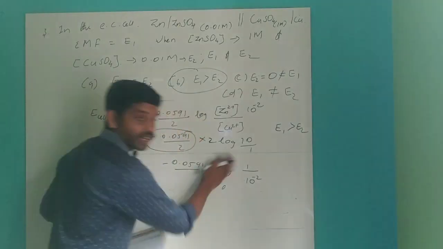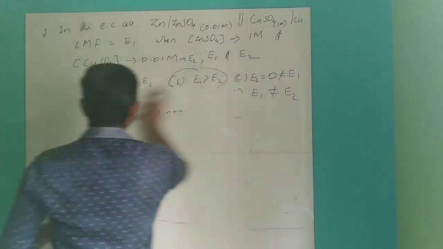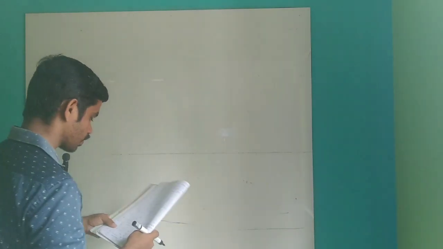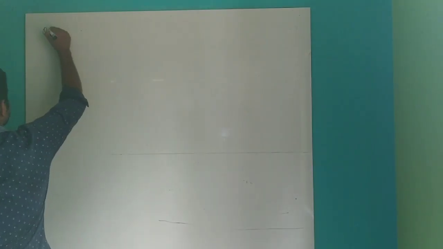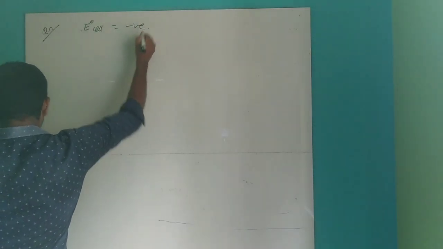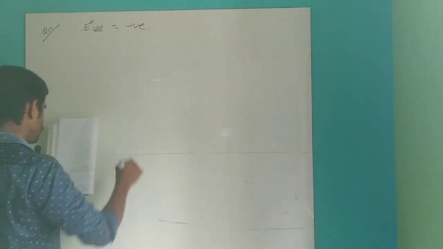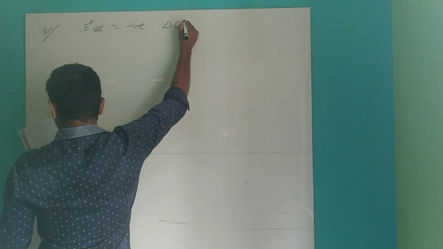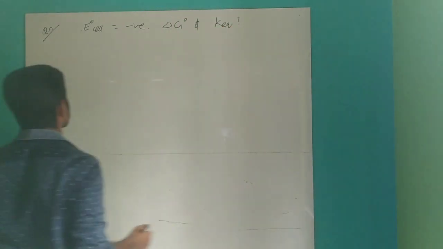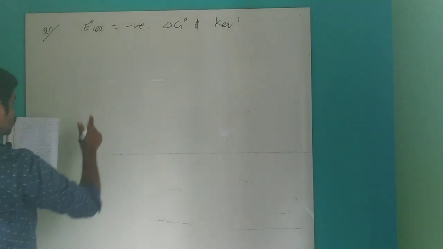Then we are moving to the next problem. For a reaction, E0 cell is negative. Which of the following is the correct relation for the value of delta G0 and the equilibrium constant? So E0 cell is negative. Then what is the correct one?